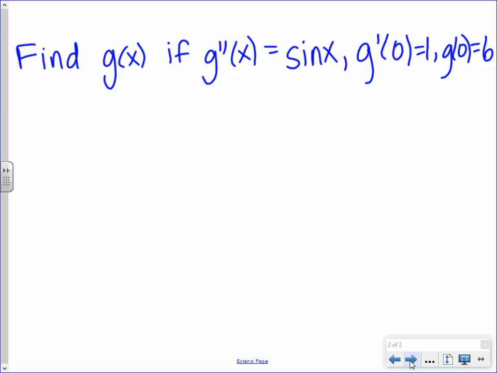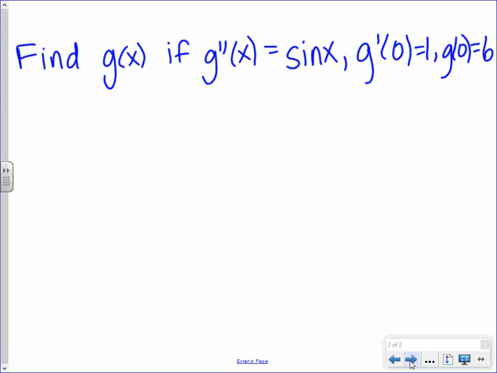What is different about this example? It's double. Okay, we start with the second derivative and have to work all the way to the original function. So where do we need to begin? Well, we only have the second derivative, right? What do we need to do with the second derivative?